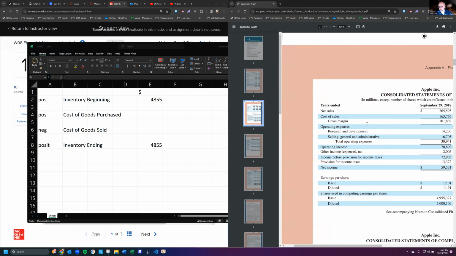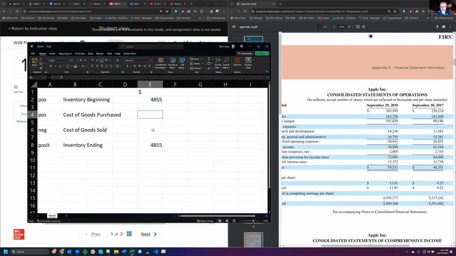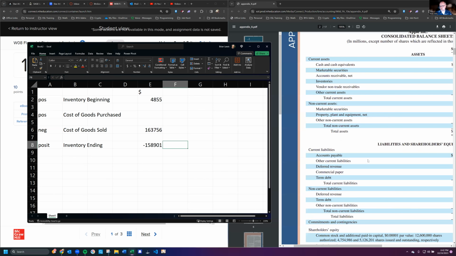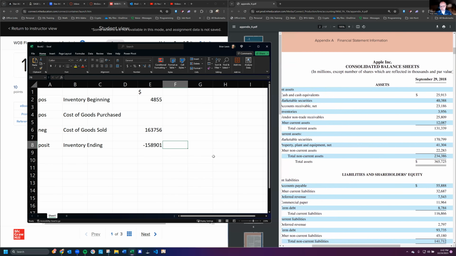Gross margin, cost of sales right there. Cost of sales is 163,756. So we know now that our ending inventory needs to be this value right here, inventories, 3956. We'll just call it "should be" 3956.